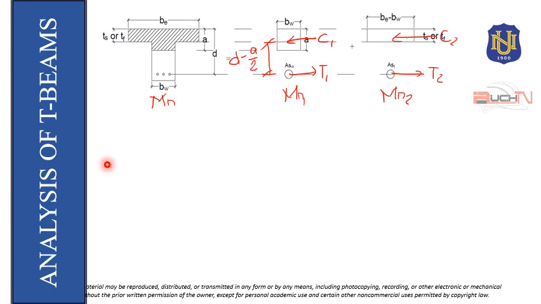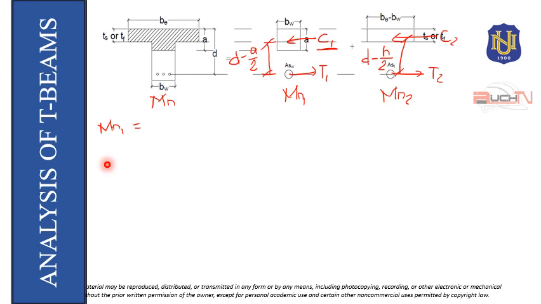Then, for the second diagram, for the second nominal moment, the moment arm will be equivalent to d minus h over 2 kasi dito lang siya. So, divided by 2 lang yun. So, that means we're going to get the first nominal moment. So, lagi ulit tayo on the compression.